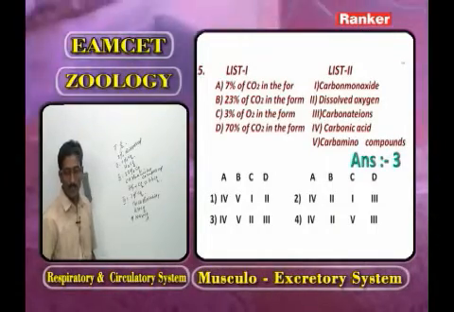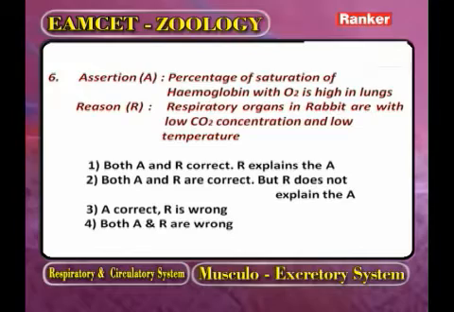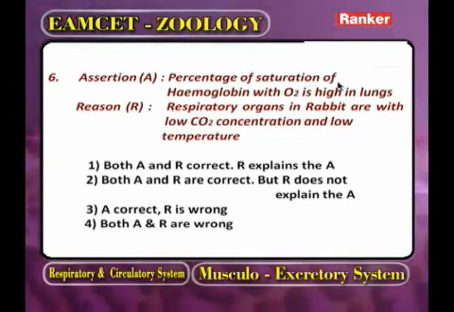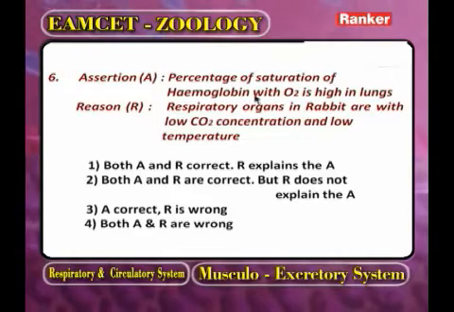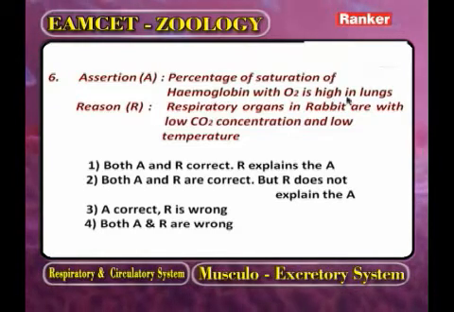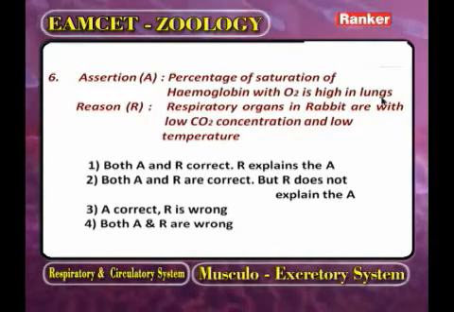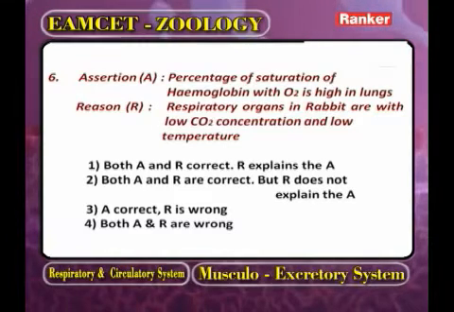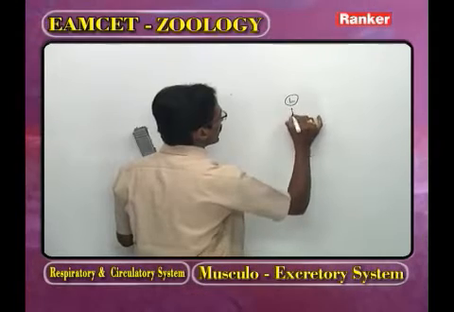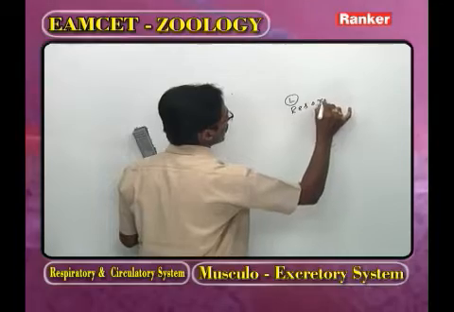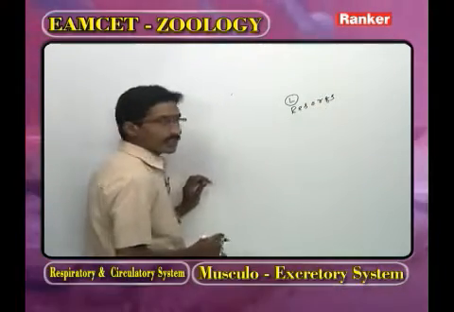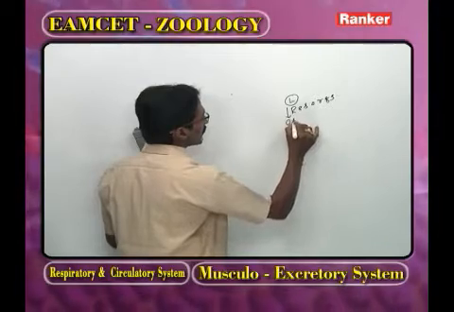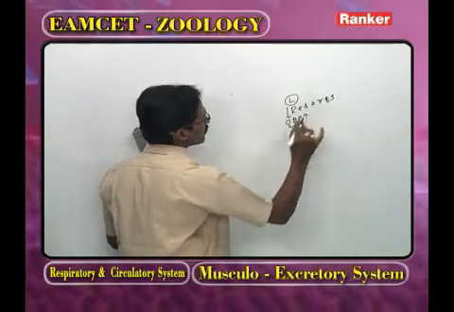Now we go for the next question. Assertion: percentage of saturation of hemoglobin with oxygen is high in lungs. Now students, we know very well, what are the lungs? The lungs are nothing but the respiratory organs. At respiratory organs, the oxygen partial pressure is more.